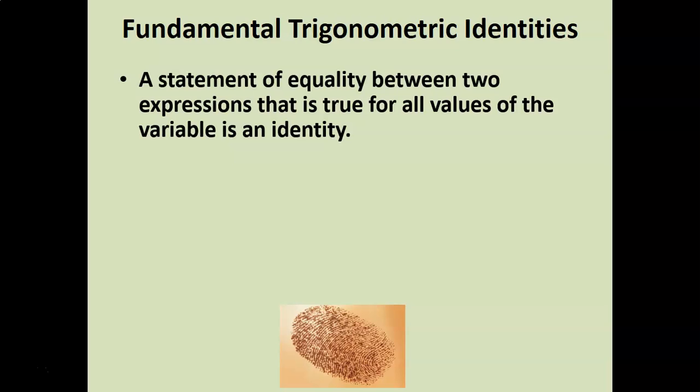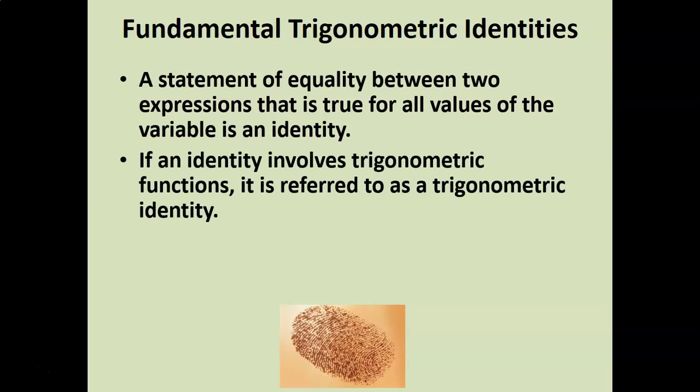Likewise, we have trigonometric identities, where no matter what angle we put into these things, they're always going to equal a certain value in relation to the other trigonometric functions. Anytime we have a statement between two values that are always going to be equal no matter what, we call that an identity.